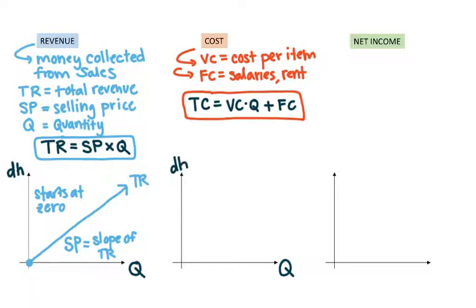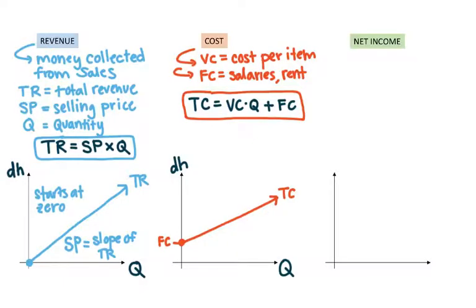The issue here, though, is that even if I sell nothing, if quantity is 0, I still will have costs. I still will have to pay my salaries. I still will have to pay my rent. So even when quantity is 0, we have fixed costs. And then the more items I make or buy from the factory, the greater my total costs will be. So this is what the cost graph looks like.